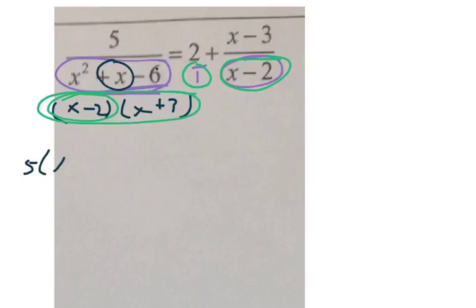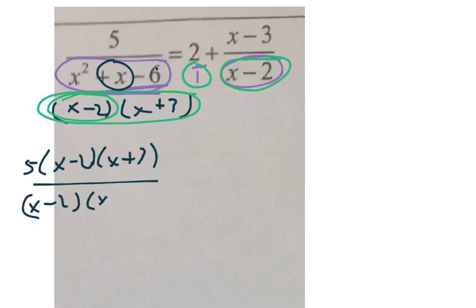Here's what I get. I'll have 5 times x minus 2, x plus 3, over, of course, x minus 2, x plus 3, because we have it factored, equals 2 times x minus 2, x plus 3.